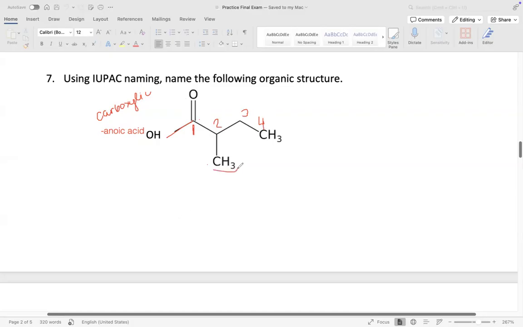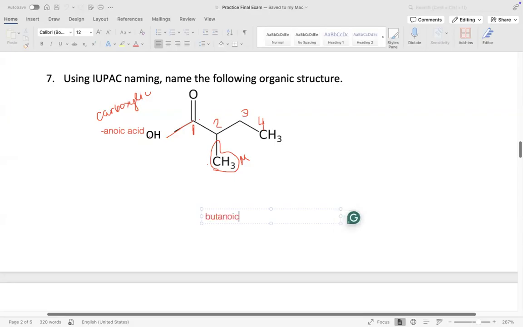And then I would consider this here a branch. It's a 1 carbon branch, so it's a methyl branch. Carboxylic acids always start at carbon 1, so I made sure I numbered left to right to make sure that that's at carbon 1. So it's 4 carbons in the main chain, so it's going to be but, enoic acid.